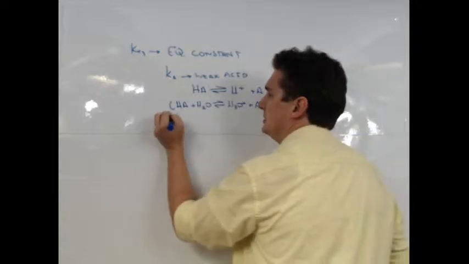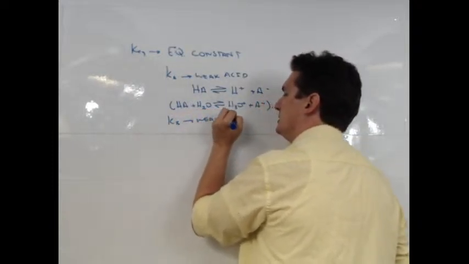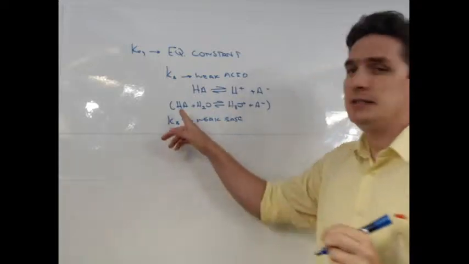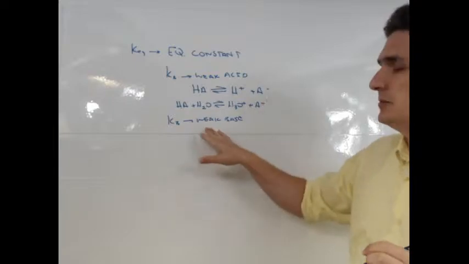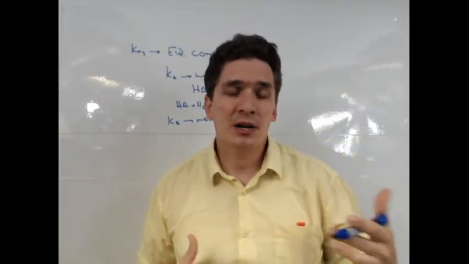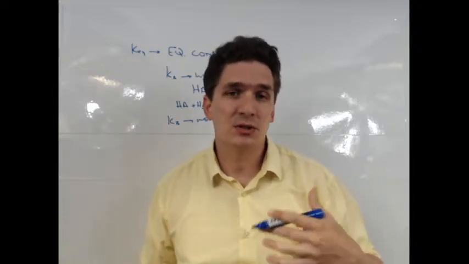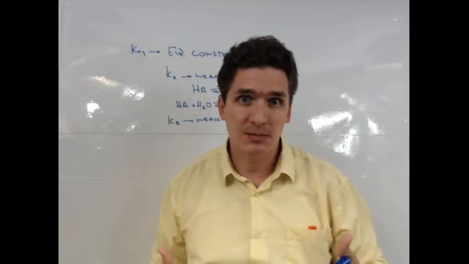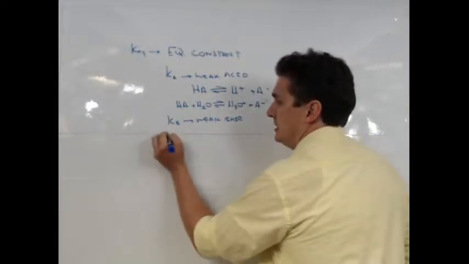There's Kb, which is just a weak base. It is akin to this, meaning that with a weak base, we're always accepting a hydrogen or forming an OH minus. So we'll talk about that more when we get to the next test, where there's the Arrhenius definition of bases versus the Bronsted definition of bases. But the Kb here is always going to refer to a base.